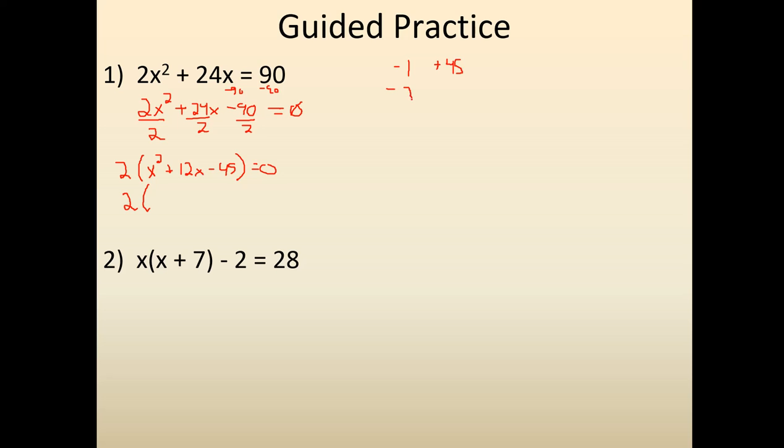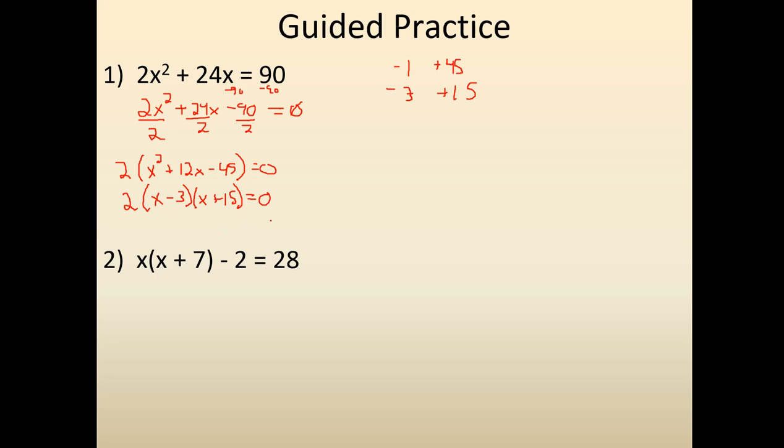So negative 3 and plus 15. And from here we can see that if we add these 2 numbers, we do get positive 12. So my factors would be x minus 3, x plus 15.